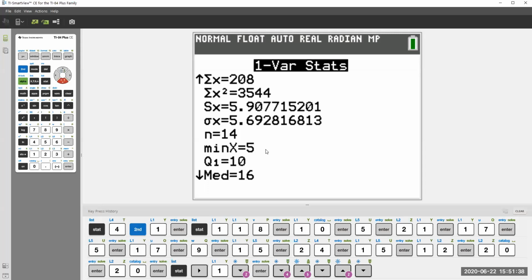So I'm going to say, in this case, the 5, the 15, the 17, and the 20. We have a multimodal set in this case.